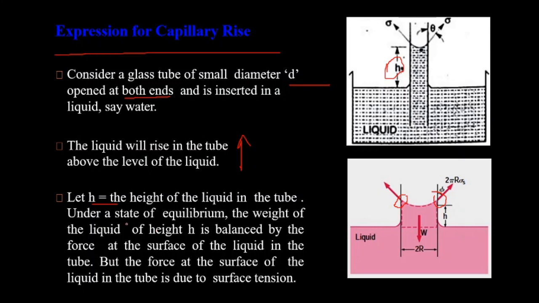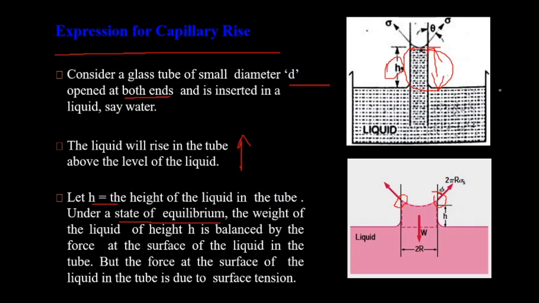Now they are telling, under the state of equilibrium condition, what happens? The weight of the liquid of height h is balanced by the force. It should be balanced, to be stable or to remain in equilibrium, right?